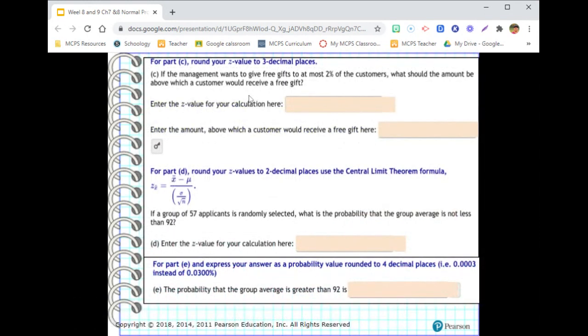If the management wants to give free gifts to at most 2% of the customers, what should the amount be above which a customer would receive a free gift? First, you're going to calculate the Z-score. You have to change the 2% to 0.02.